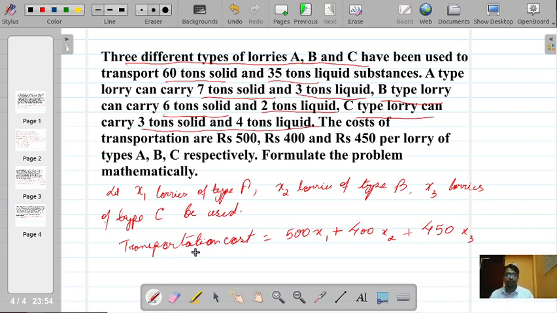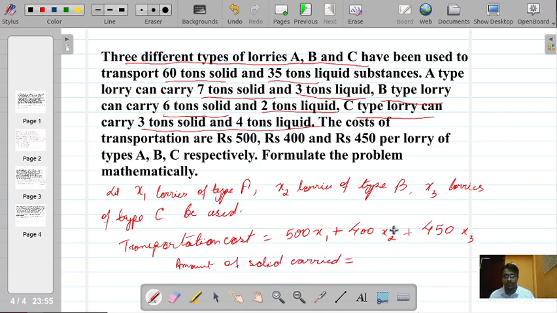And what about the carrying capacity? A type lorry can carry 7 tons solid, B type lorry can carry 6 tons solid, and C type lorry can carry 3 tons solid. So what is the amount of solid carried by the lorries?